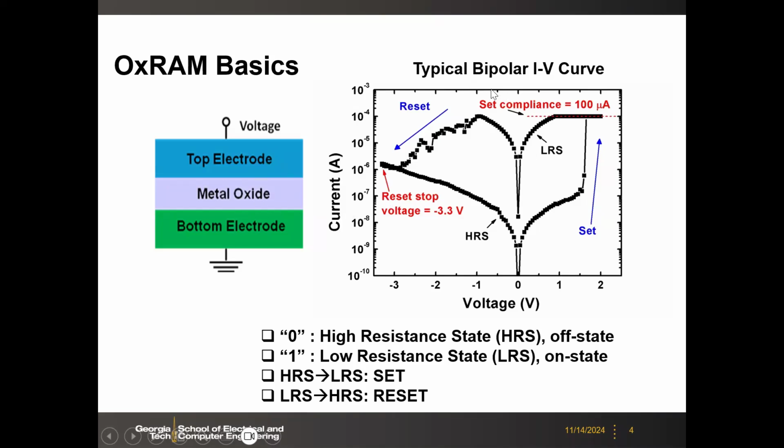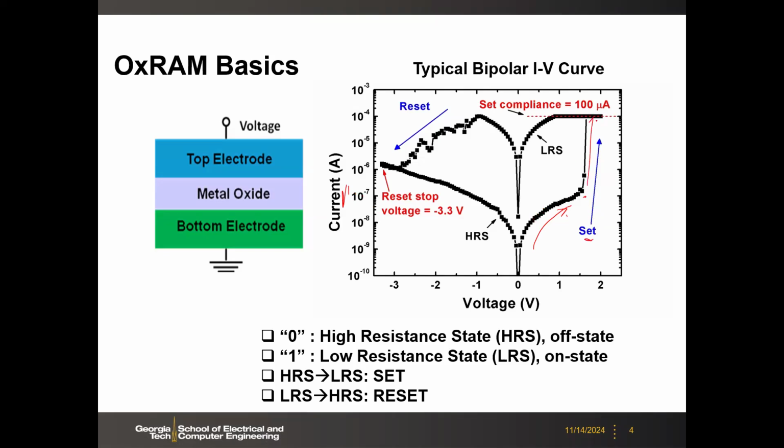It's very representative. This is a bipolar IV, and initially the device is in the high resistance state. Therefore, when we ramp up the voltage, the current is low. Here the current is in log scale. The current is low until some threshold, then the set operation happens.